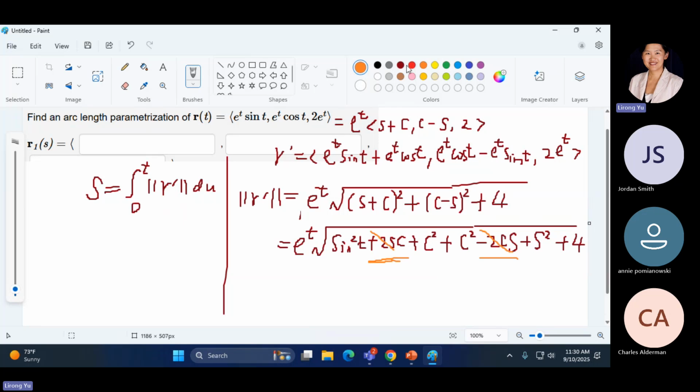Then we also have sine squared plus cosine squared, which equals 1, and then cosine squared plus sine squared, which also equals 1, so it's 1 plus 1, and then plus 4. So literally everything under the root equals 6. So that's really root of 6, also multiplied by e to the t. That is after we simplify the whole magnitude of r prime.